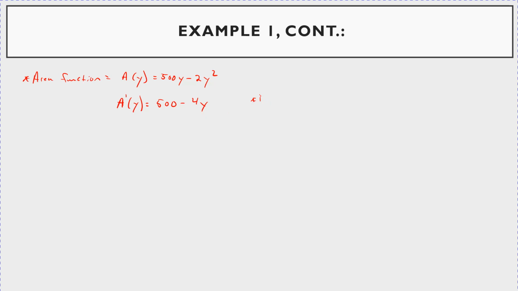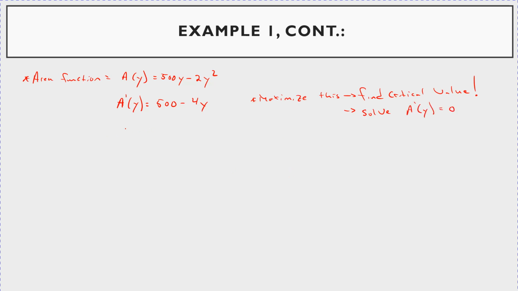We want to find a critical point for this. Maximum and minimum values, extrema, occur at critical values, so you're going to solve where the first derivative is equal to 0.